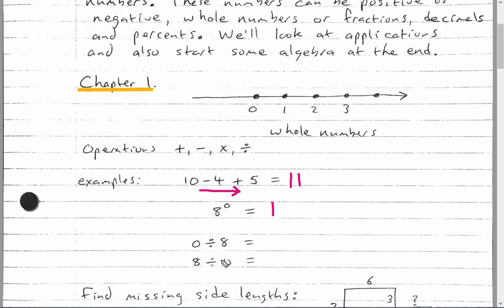Okay, down here we have division examples. So what's 0 divided by 8? It's just these little things that can trip you up. This is really asking how many times does 8 fit into 0. And if you think of it like that, it fits in 0 times.